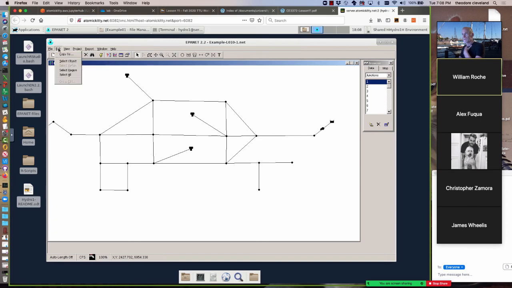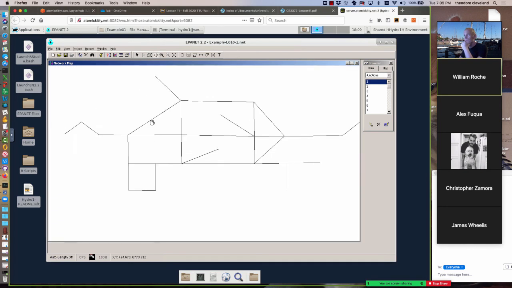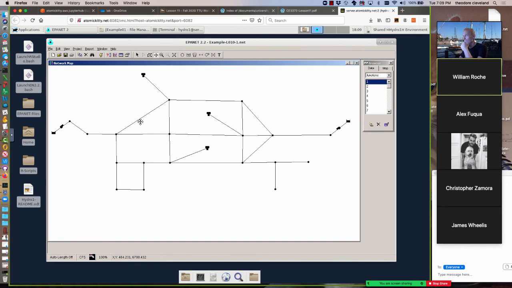Let's see, edit, select all. How do I zoom out? View, zoom to full extent. Still not working right. Boy, that's really annoying. Okay, so there I've tried to rearrange it and I get everything to fit on the screen. So here's the 3 tanks. Tank 1, Tank 2, Tank 3.